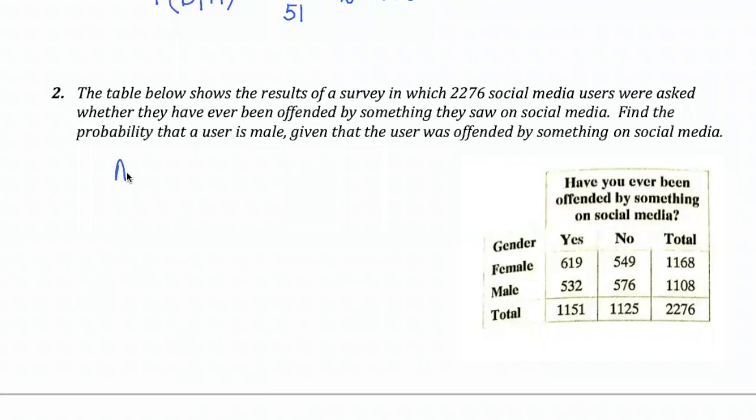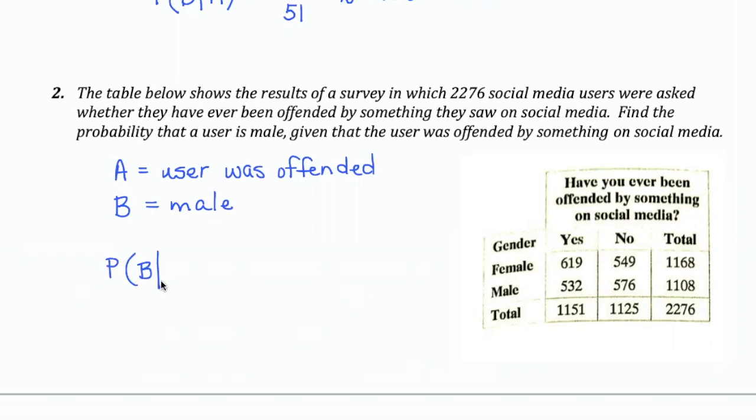So my event A, the one that has already occurred, is that the user was offended. And of those, I want to know the probability of being male in this survey.